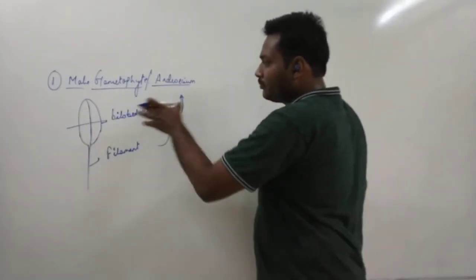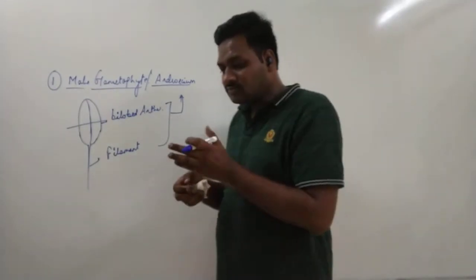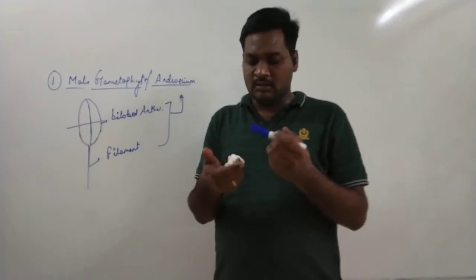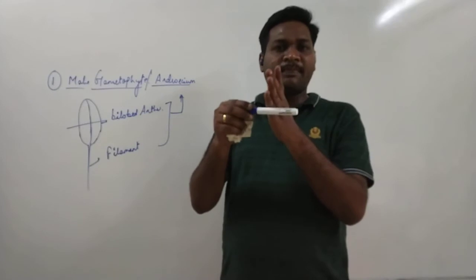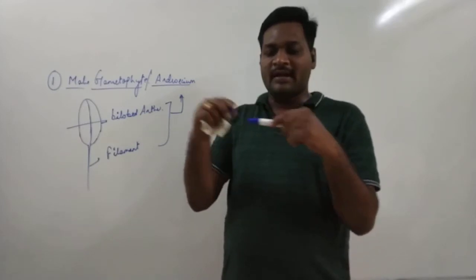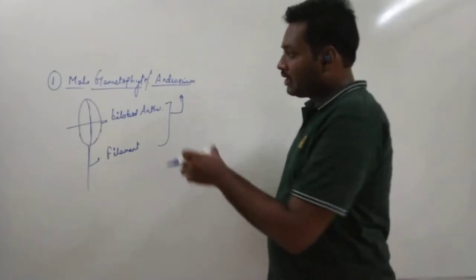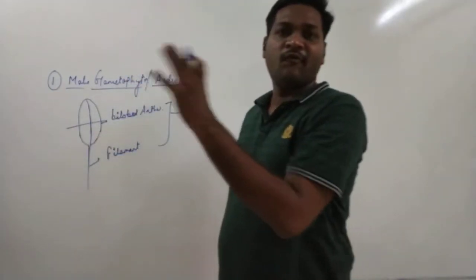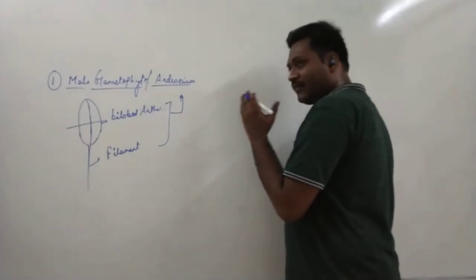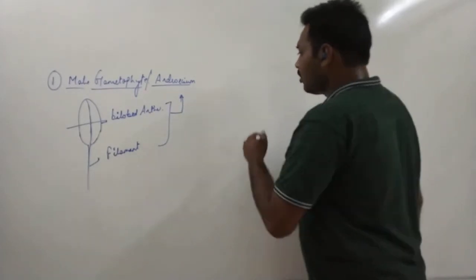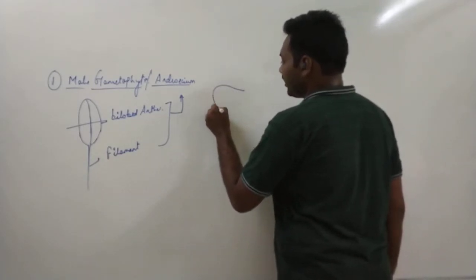Transverse means, suppose this is a pen, and when we cut the pen we can see the innermost region. Here the bilobed anther has 4 different compartments. I'll draw it here so that we can understand how it looks after cutting. It looks like this.